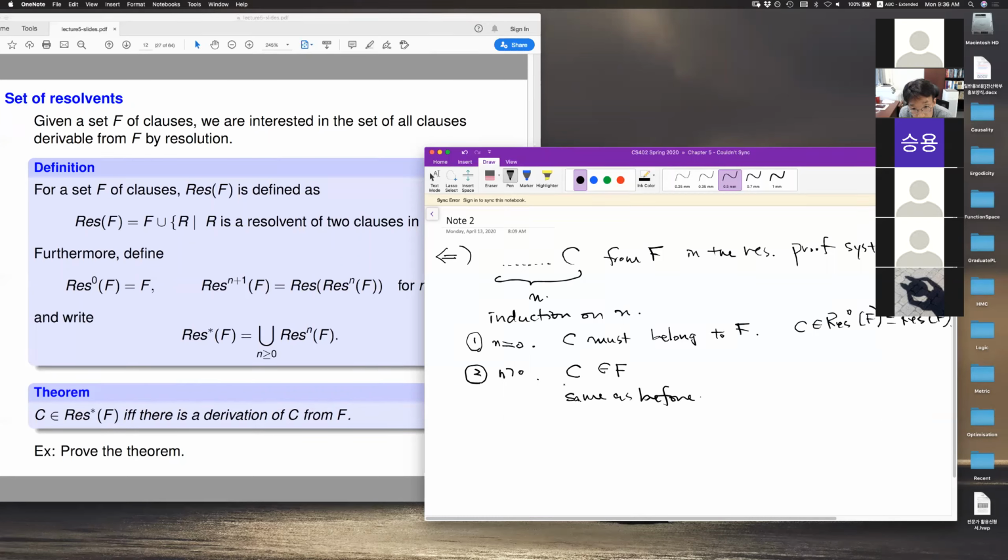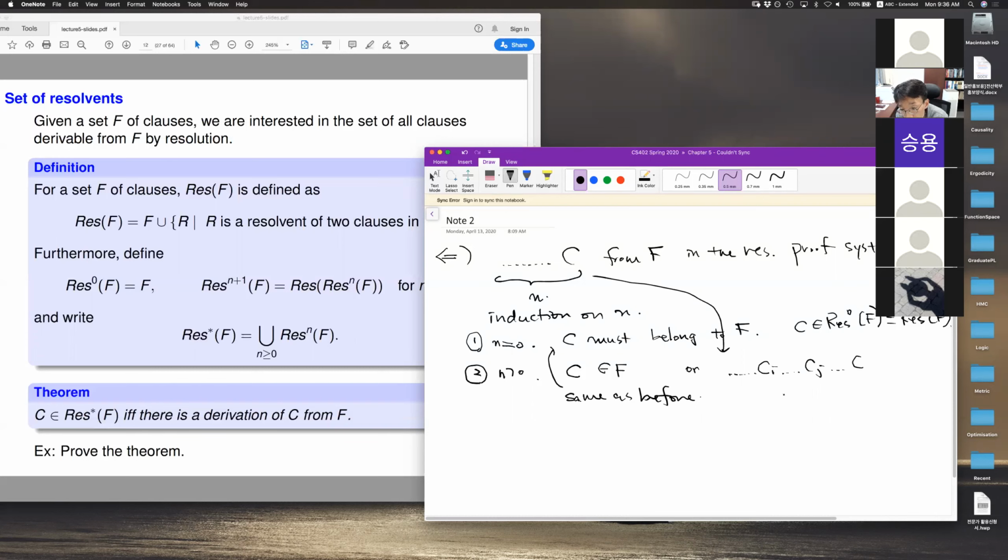We can use essentially the same reasoning as before. Or there's another case, which is that C is obtained from two resolvents, which means that in the derivation, somewhere there is a Ci and somewhere there is a Cj, such that C is obtained from applying the resolution proof rule on Ci and Cj.